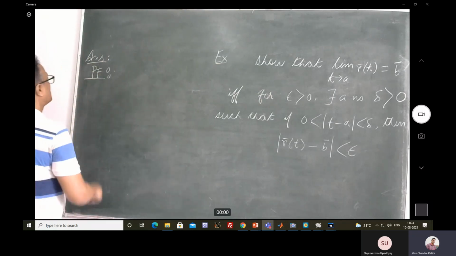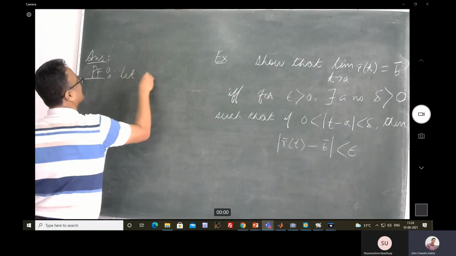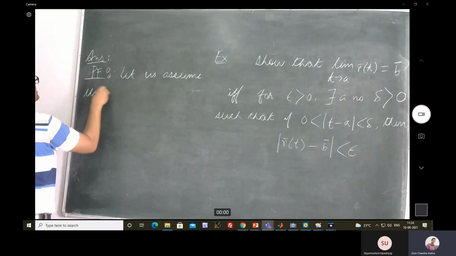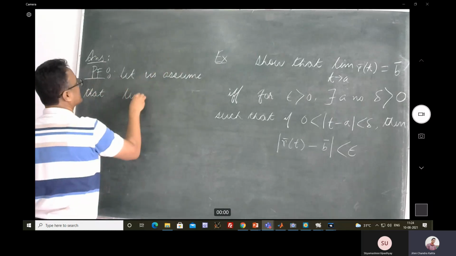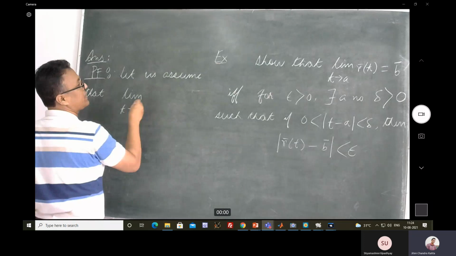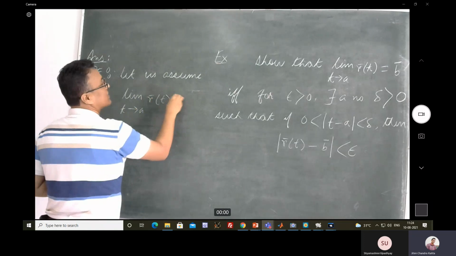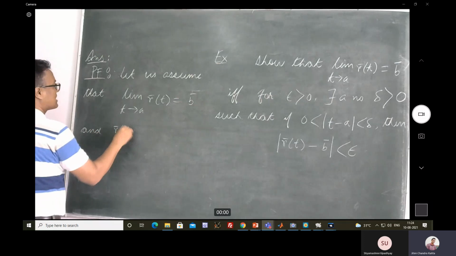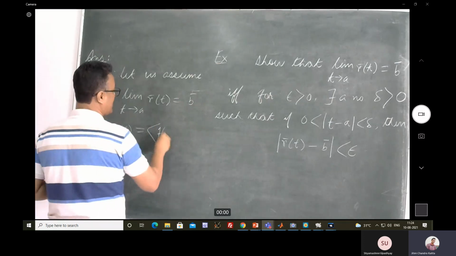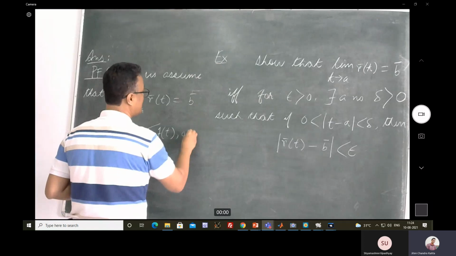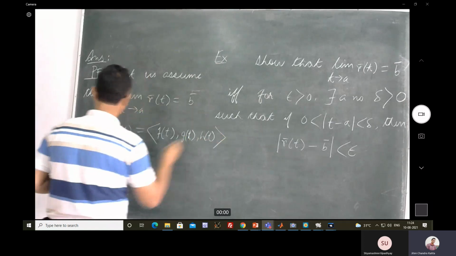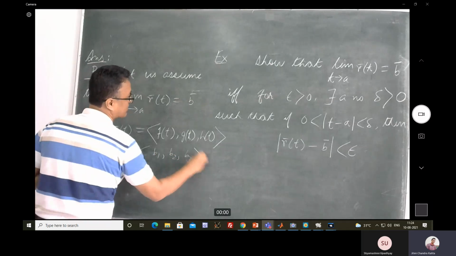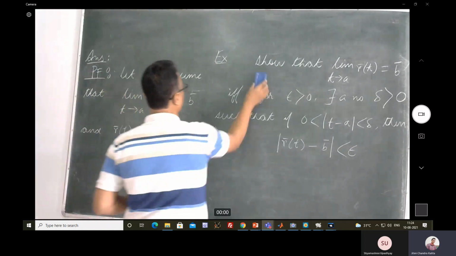Okay, fine. So firstly, let us assume that the limit exists: the limit as t tends to A of RT equal to B, and let us also assume that RT has the components as functions FT, GT, HT, and B has fixed components b1, b2, b3.